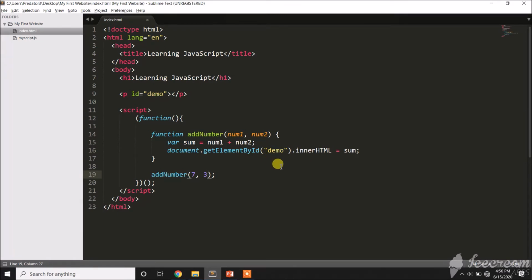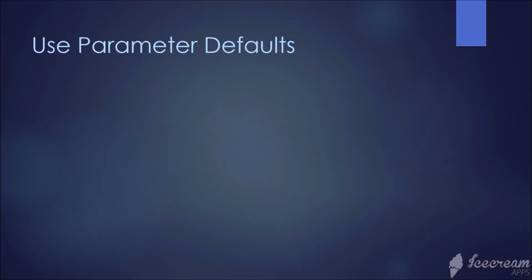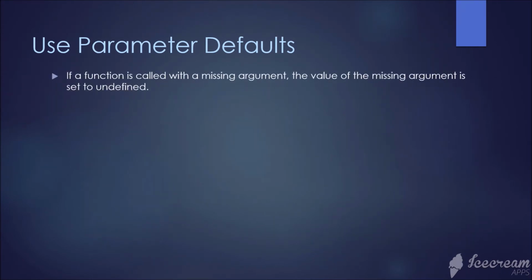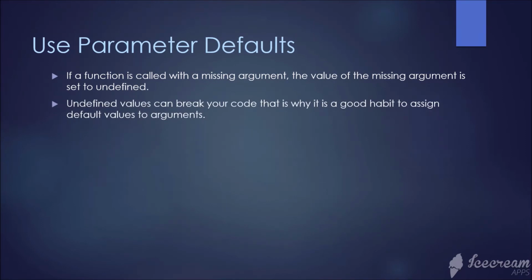Okay guys? Okay, so the next is use parameter defaults. If a function is called with a missing argument, the value of the missing argument is set to undefined. Undefined values can break your code.